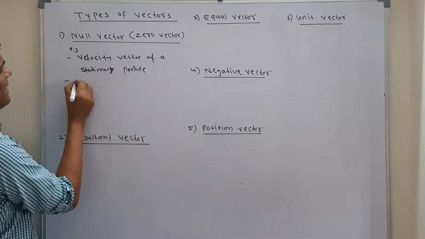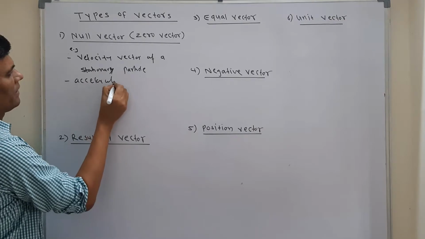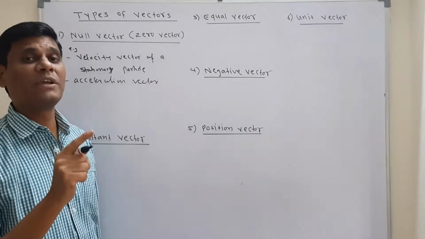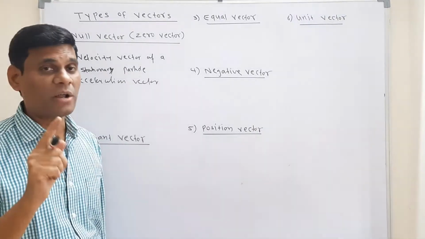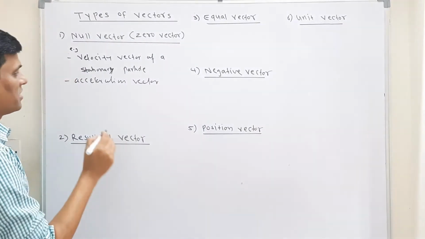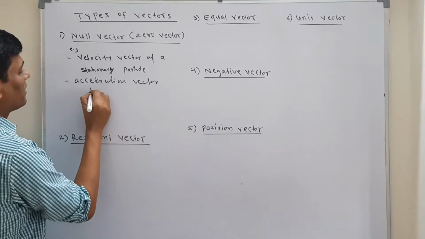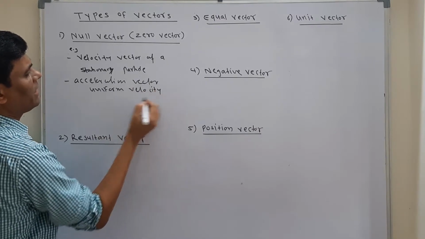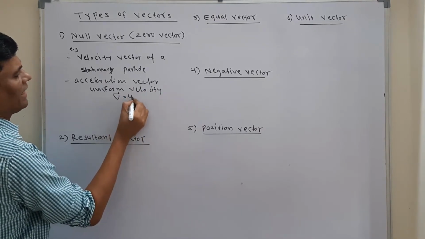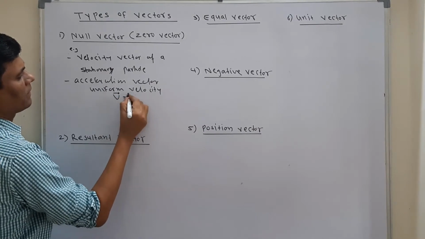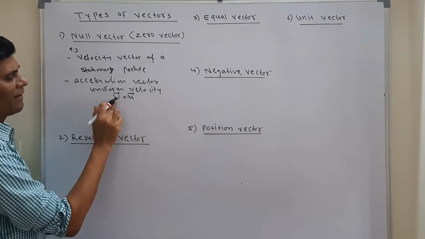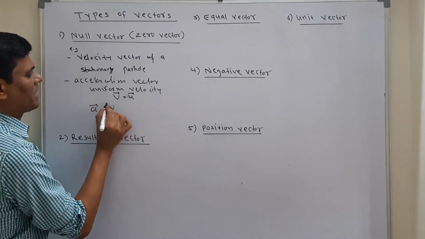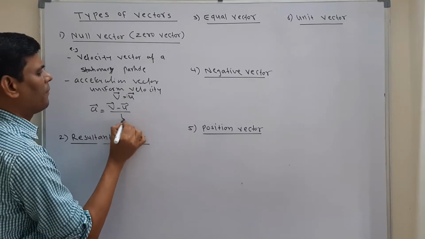Second example, we can say the acceleration vector for a particle moving with uniform velocity. When I say velocity is uniform, that means initial velocity and final velocity are the same. And what is the definition of acceleration? Acceleration is the rate of change of velocity, that is (v minus u) upon t.